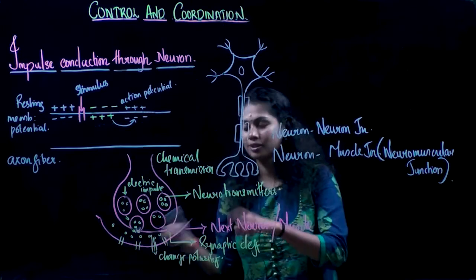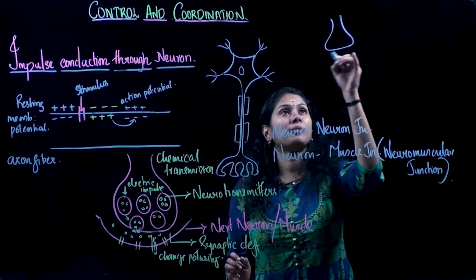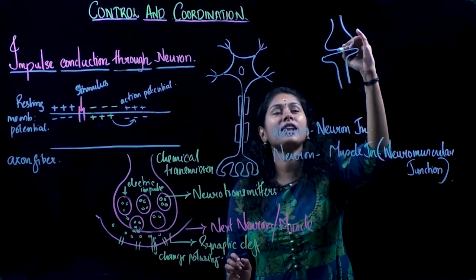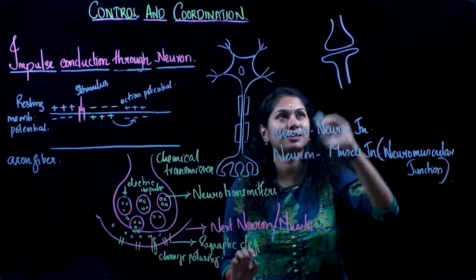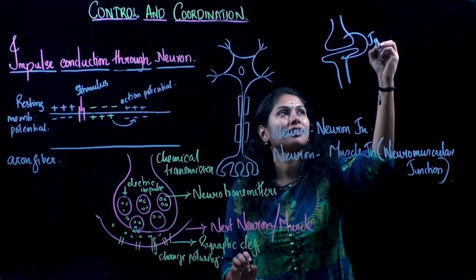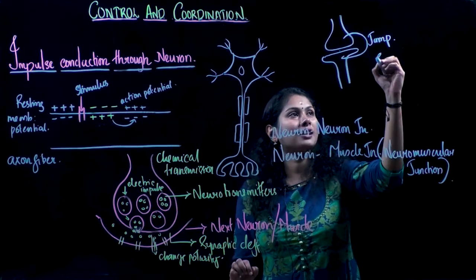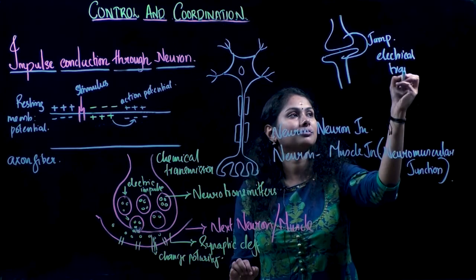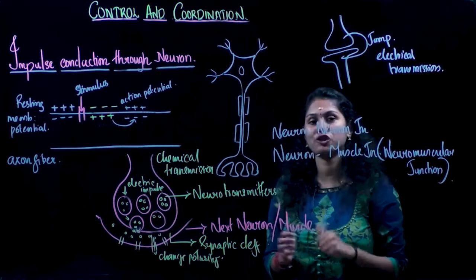And sometimes the end of the axonal knob will be so close to the next knob that the synaptic cleft or space is so minimized that sometimes the electric impulse can jump from the first one to the second one, and this is called electrical transmission across one neuron to the next neuron.